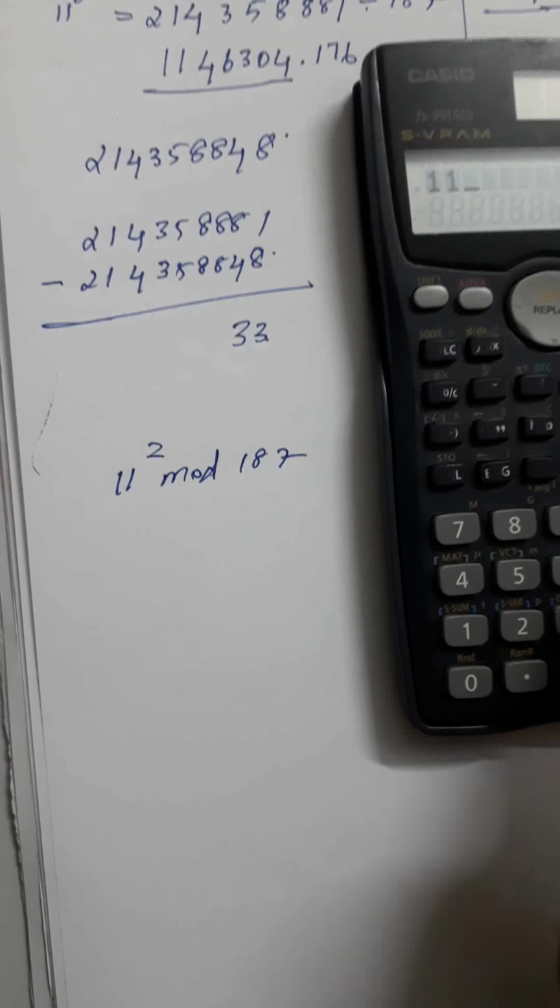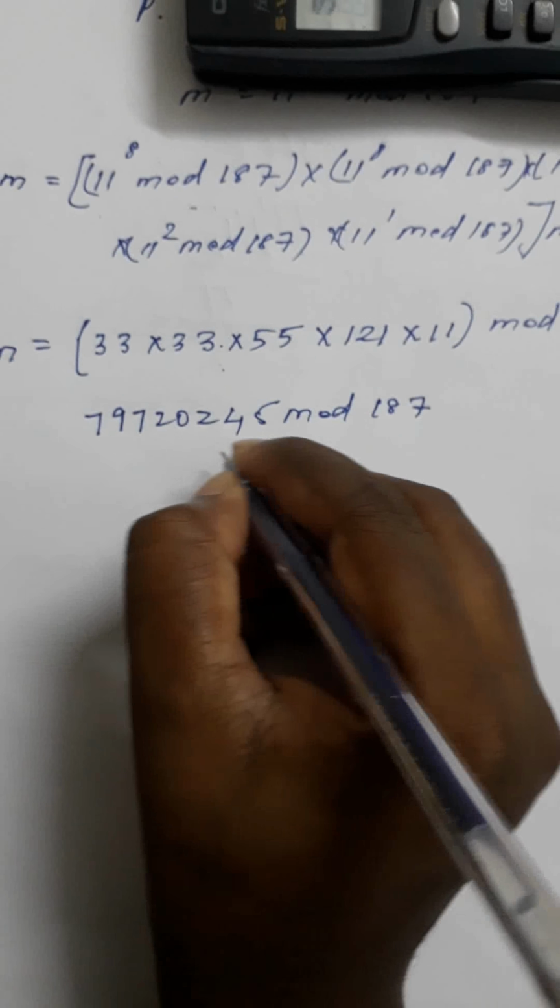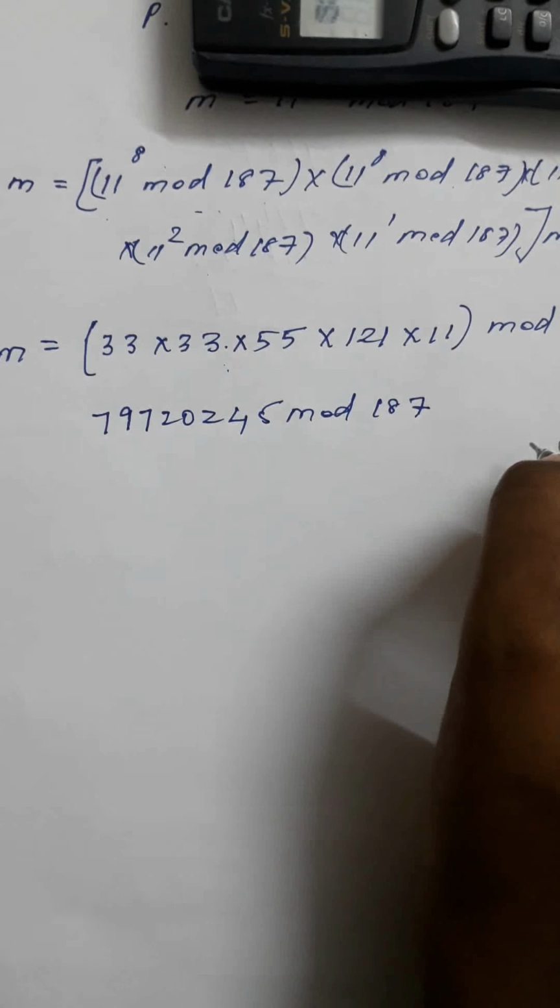Now multiply these values of 33 into 33 into 55 into 121 into 11. You get the value 79720 mod 187.